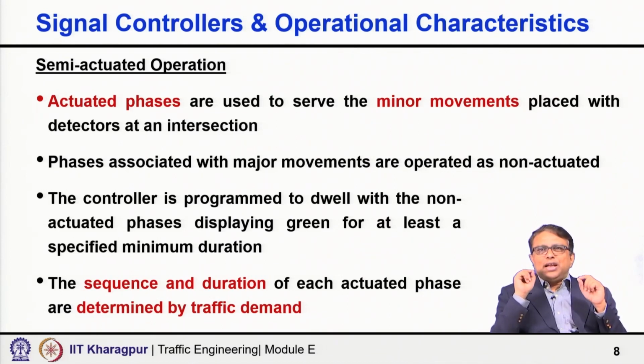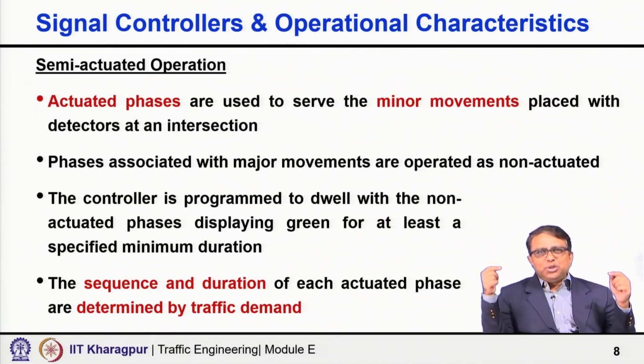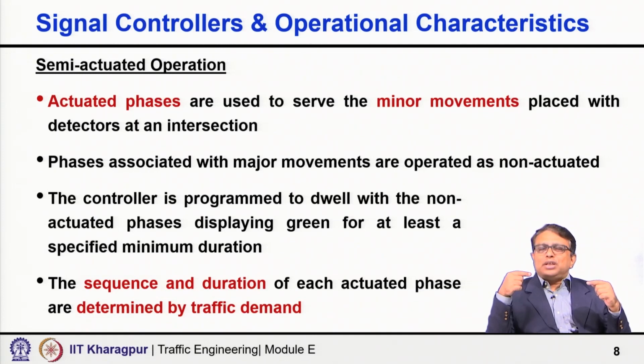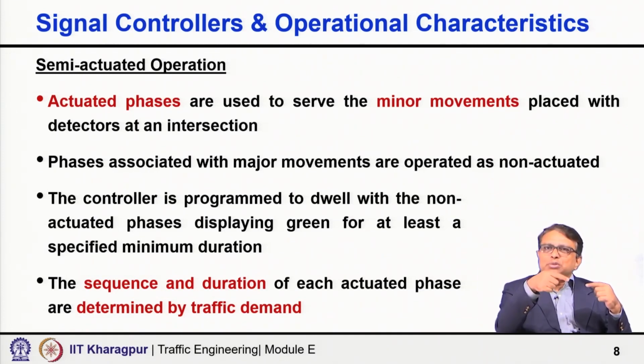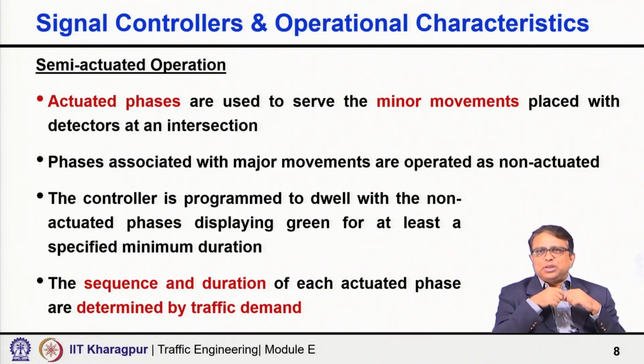That means, it is not that the moment you detect that a vehicle is waiting on a minor approach, the automatic will immediately go and give green to the minor approach. There could be some kind of precondition like this, that once you give green to non actuated phases, you will give green at least for a specified minimum duration.